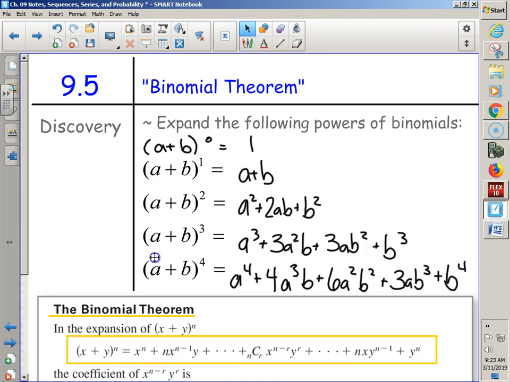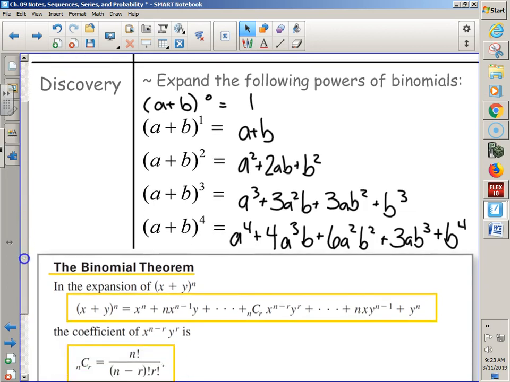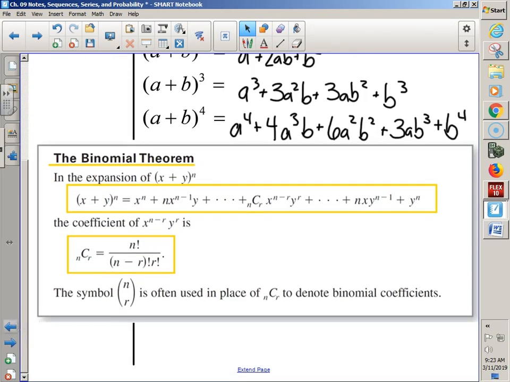And we did more on the board. What if I was to ask you for something like the a plus b to the 10th term?